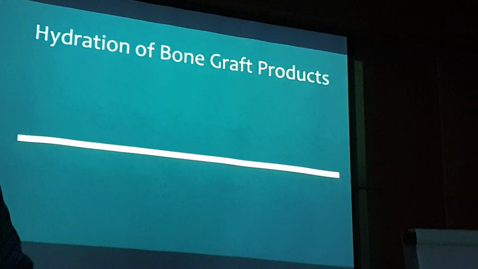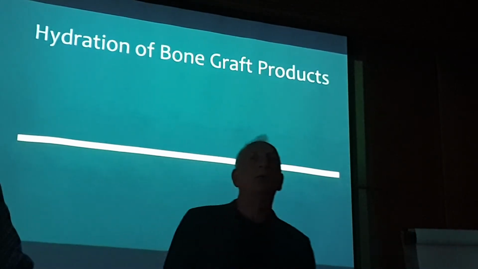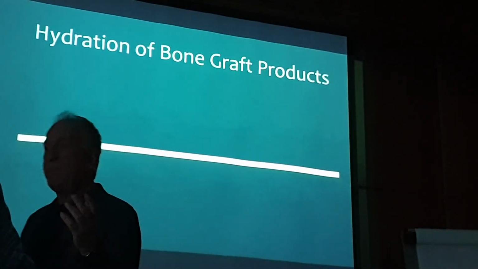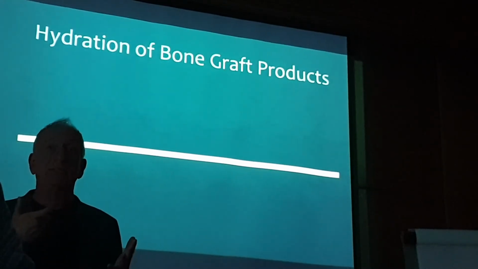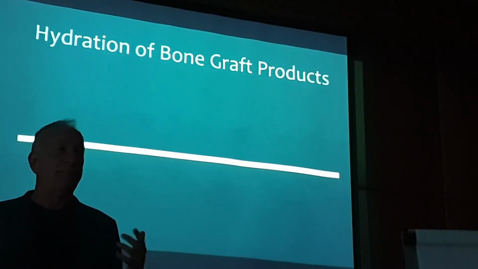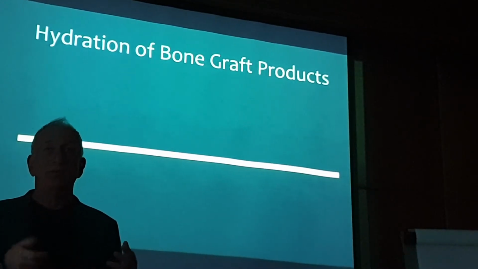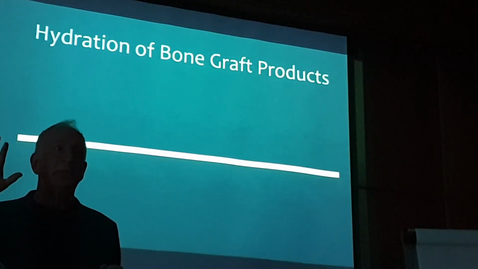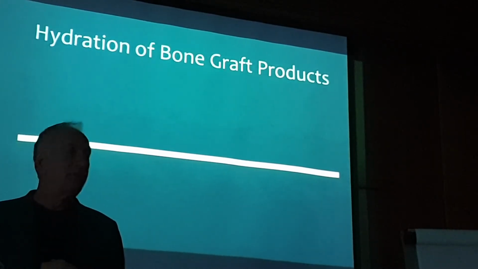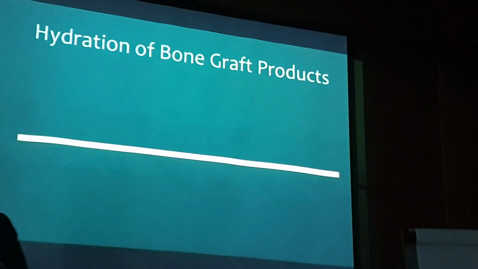How many of you have ever hydrated a graft material, say, with sterile anesthetic solution? You know, you got some material lying around, you need to wet it to carry it. How many of you have ever used a little bit of anesthetic solution to carry it? Nobody? What's the full name of lidocaine?